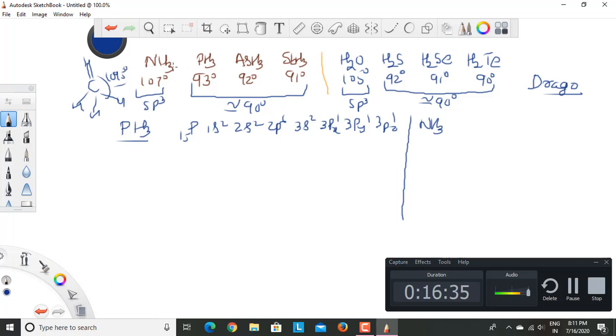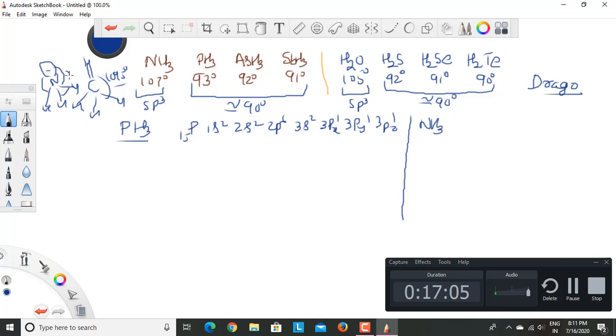Now NH3 has one lone pair and three bond pairs. The bond angle is less than 109.5 degrees. Why? Because lone pair-bond pair repulsion is more than bond pair-bond pair repulsion. So if lone pair-bond pair repulsion is more, then the bond angle will be reduced.